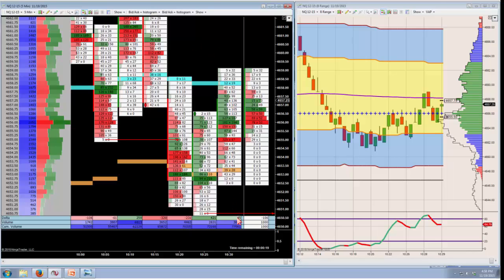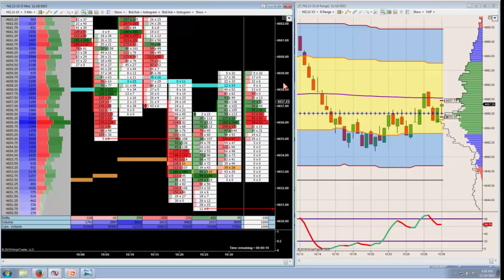When it's getting red, red, red, red, then you know you're on the right side if you're short, or you're going to take your short if you're getting into an area where you can take it. But I wanted to show you today because it was a choppy morning, and it's definitely a more challenging environment to trade in. So I think seeing the order flow in that type of environment is helpful.